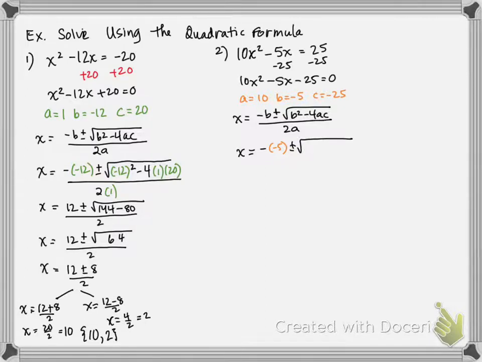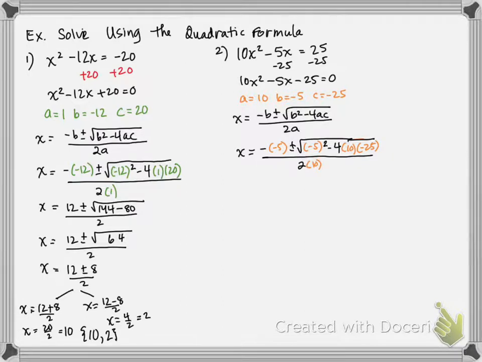And then we have, well, that's terrible. Let me write that again. b squared minus 4ac. So let's see, that's going to be 4 times 10 times negative 25. And then all over 2a.